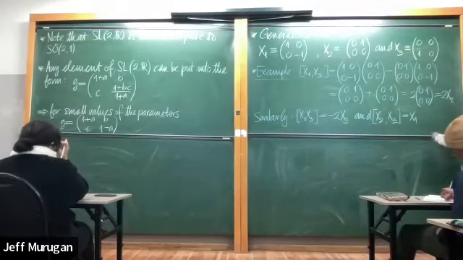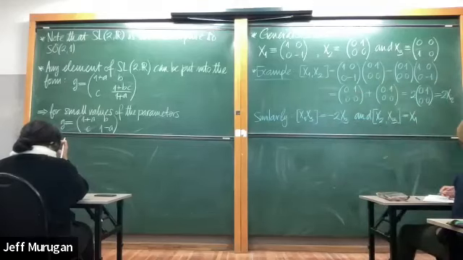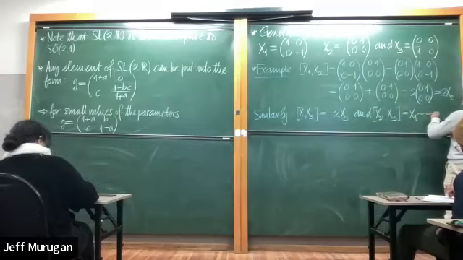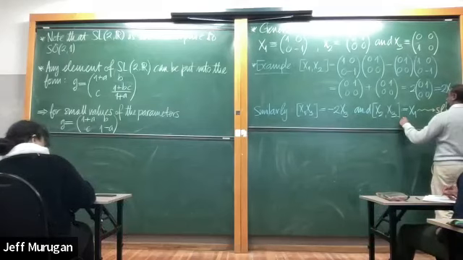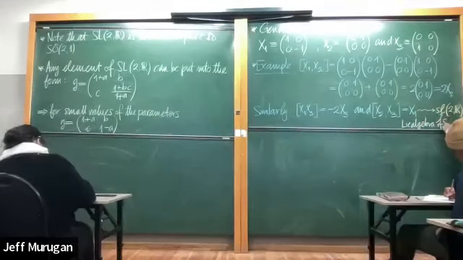So these three commutation relations define the Lie algebra sl(2,R). So this corresponds to the algebra of SL2R.